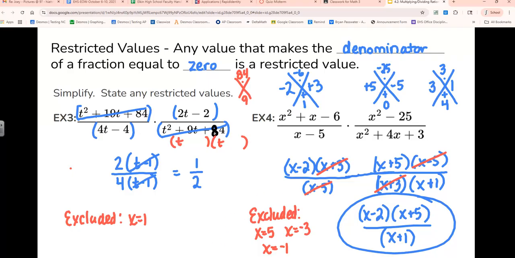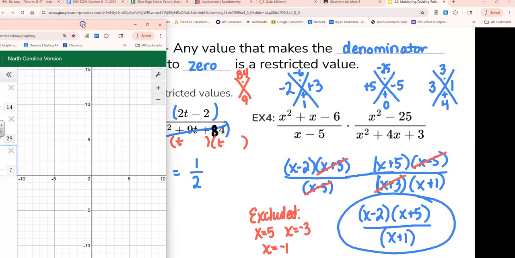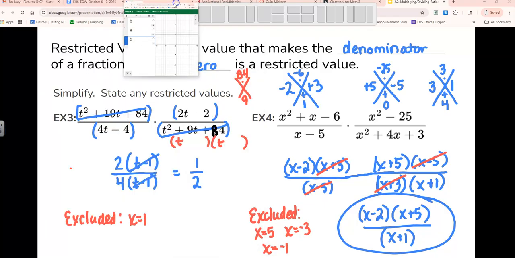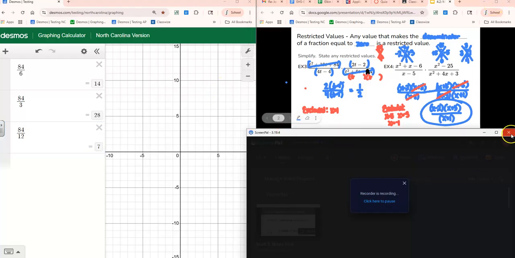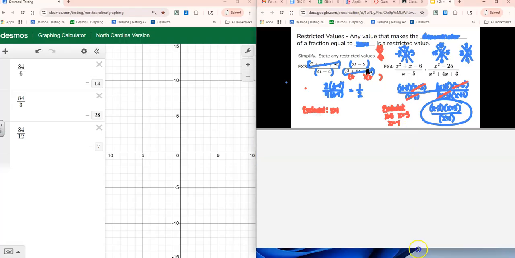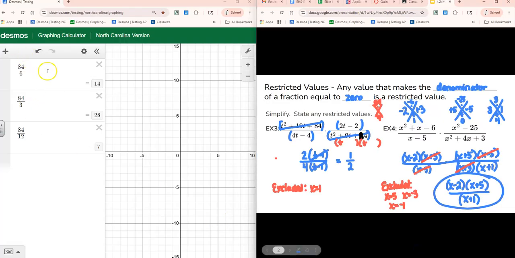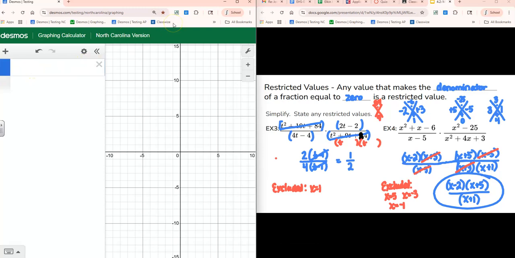Now, we're not going to do this on every one, but whenever you get these problems, a lot of times they will be multiple choice problems on a test for this. So if you're stuck, if you're having trouble, you can type these in.